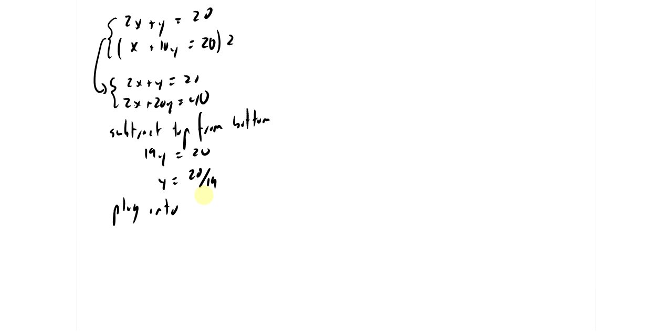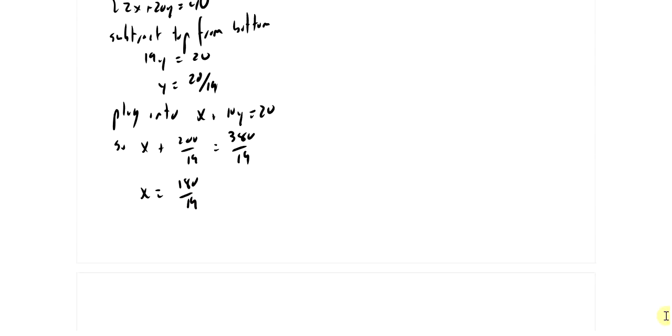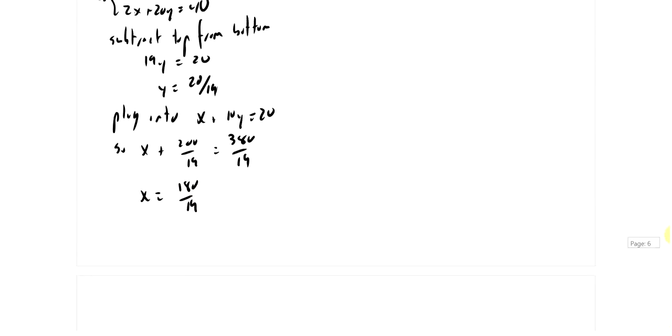Well, x plus 10y equals 20. So x plus 10 times y is 200 over 19. 20 is 380 over 19. So x equals 380 minus 200, 180 over 19. Great. So what's B? Well, we'll do that in a second.